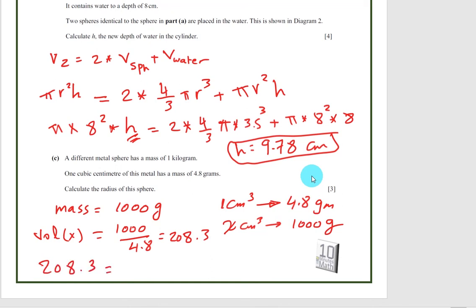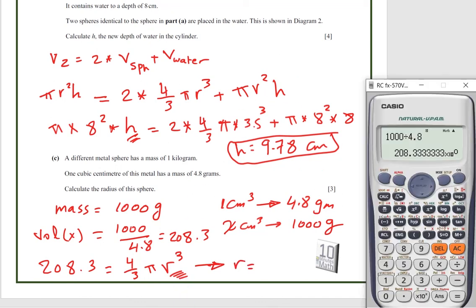This volume, 208.3, is equal to the volume of the sphere, 4/3 pi r cubed. So I need the r. R cubed is equal to the answer divided by 4/3 pi.